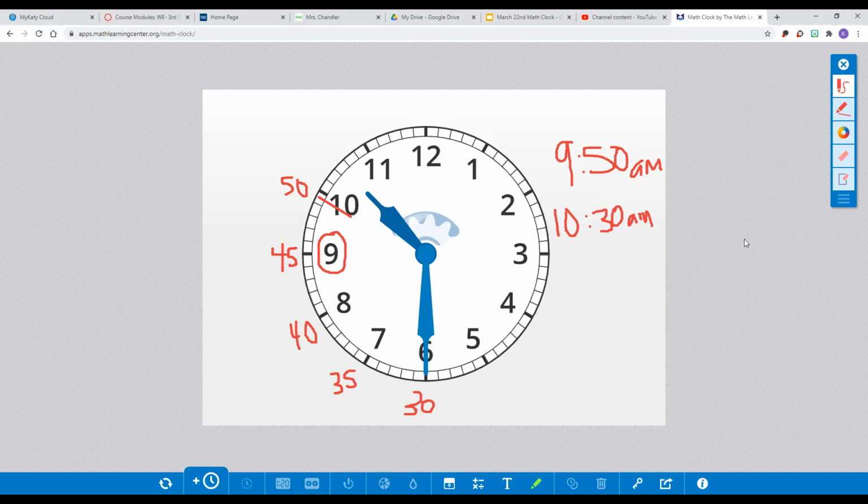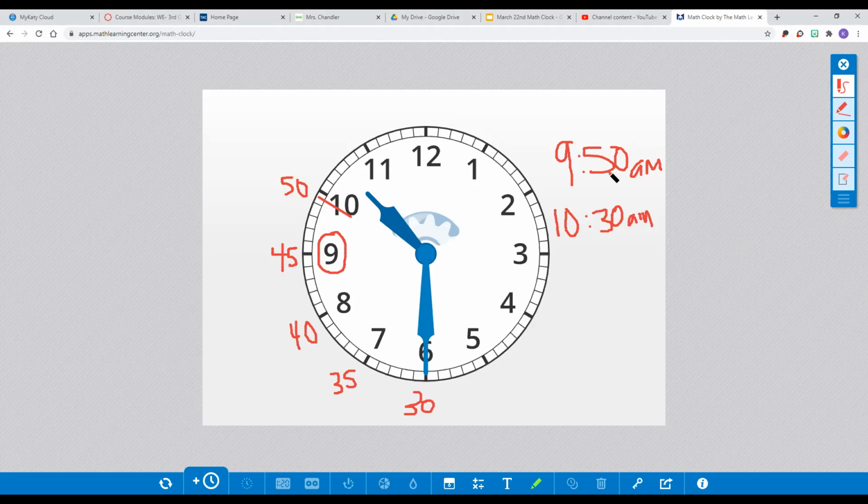10:30 a.m. All right, so now if I want to figure out how much time is in between there, I can do it in multiple different ways. I'm going to count by 5. So I'm going to say 9:50, 9:55, 10, 10:05, 10:10, 10:15, 10:20, 10:25, 10:30.